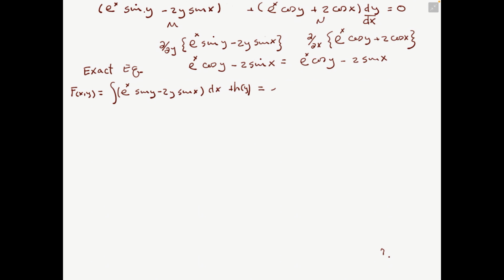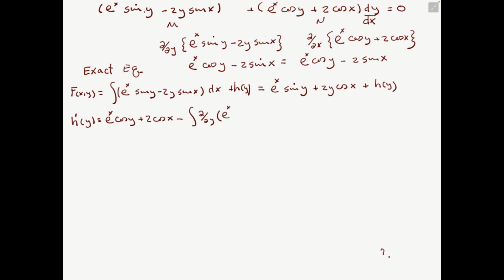E to the x sine y minus 2y sine x dx plus h of y, and that's equal to, let's see, e to the x sine y plus 2y cosine x plus h of y.